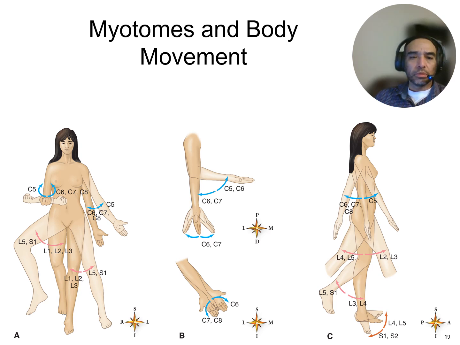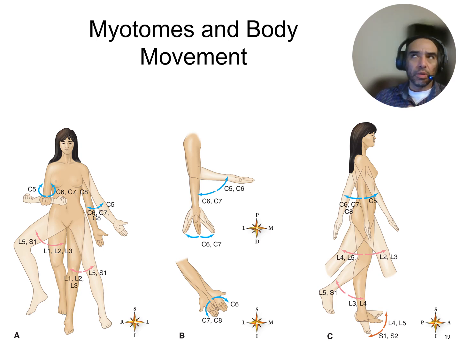So remember we mentioned cervical myotomes are from C5 through C8. We have those in the shoulder. C5 is mainly for shoulder abduction. C6 is for elbow flexion and wrist extension. C7 is for elbow extension, and C8 is for finger flexion.